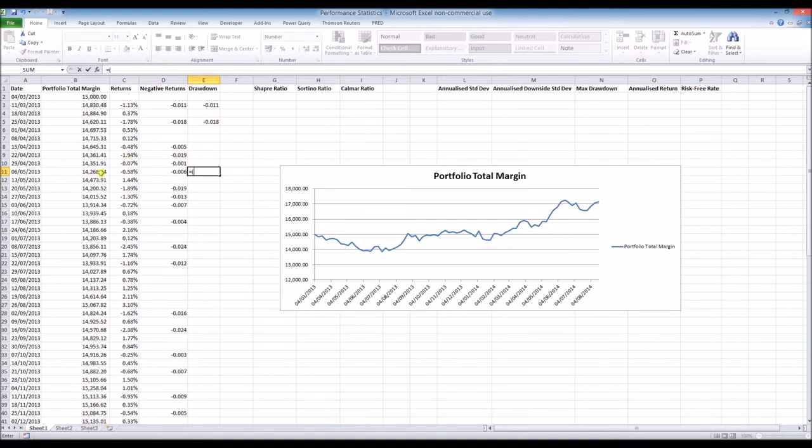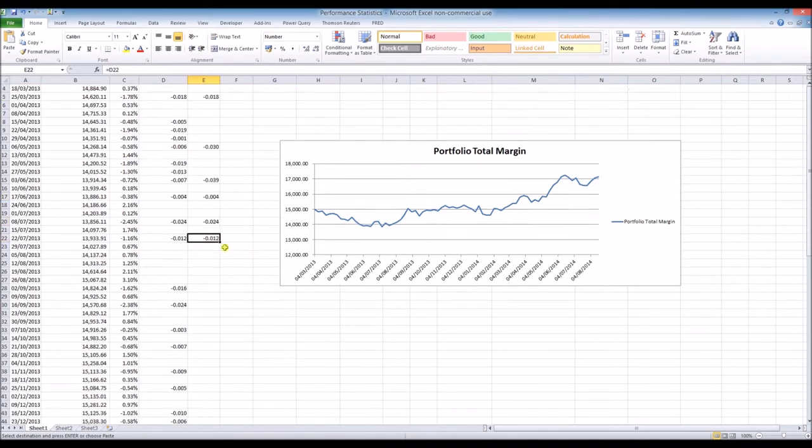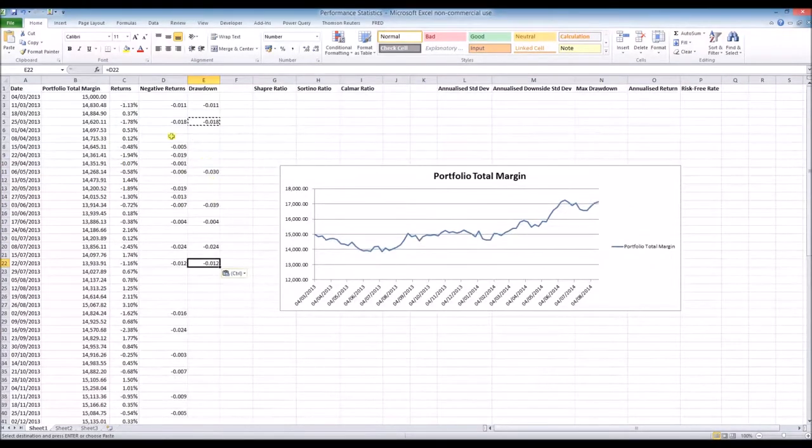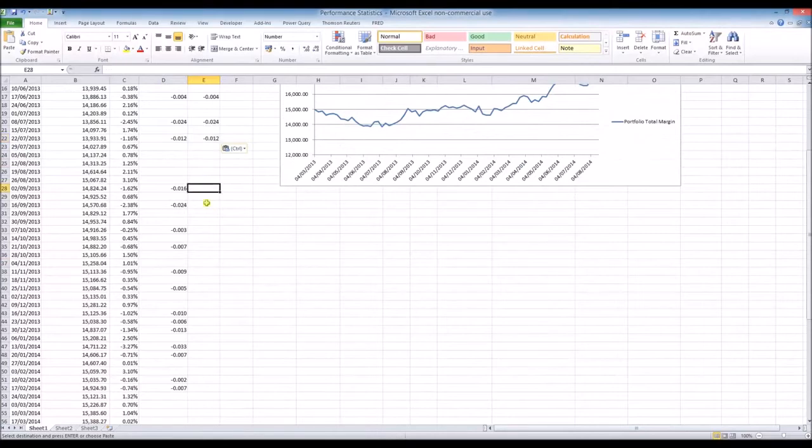So we're going to take the portfolio margin at the end of the consecutive negative returns minus the portfolio margin before, and then divide it by the portfolio margin before. And we'll do that for all the ones that have consecutive negative return months. And for the ones that are just on their own, it's fairly simple. You just calculate it by extracting the negative return for that period.